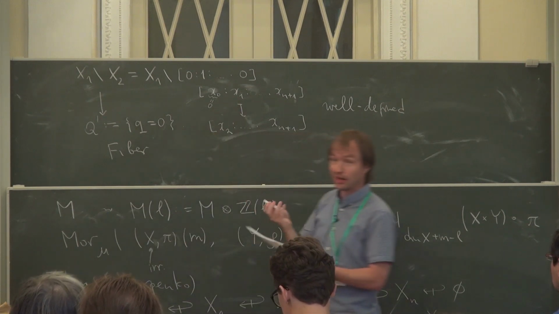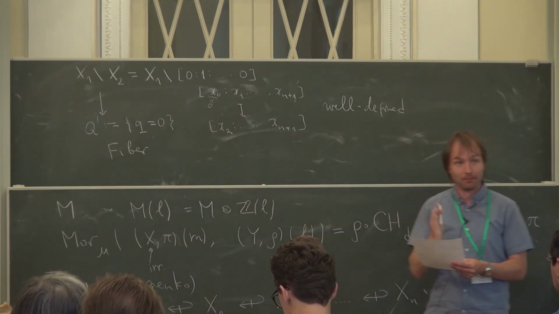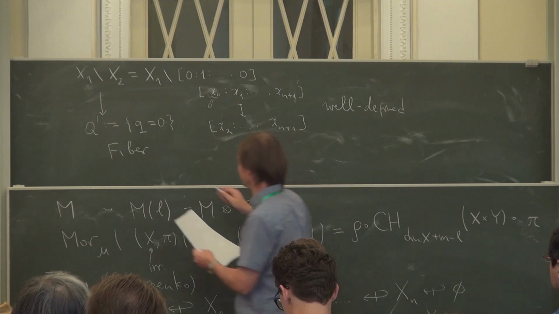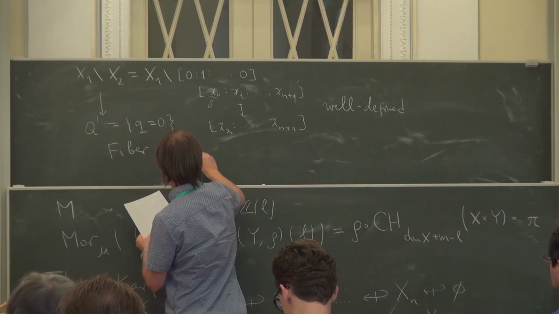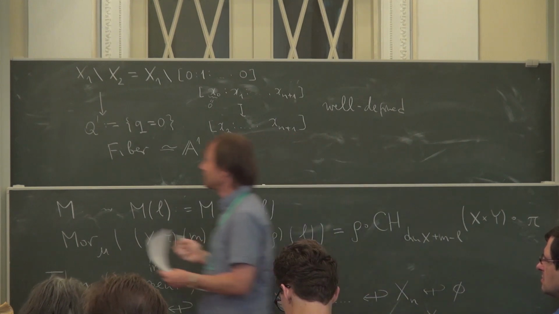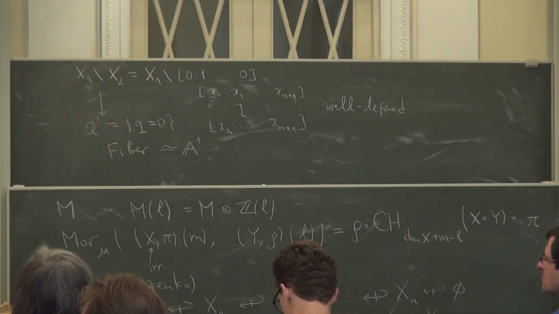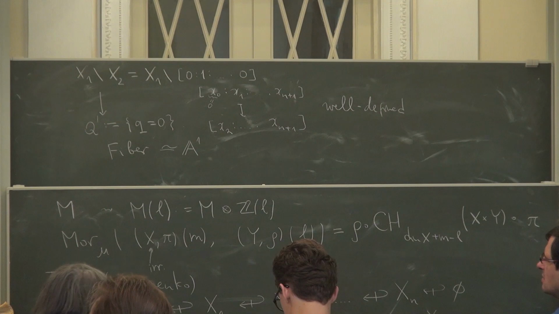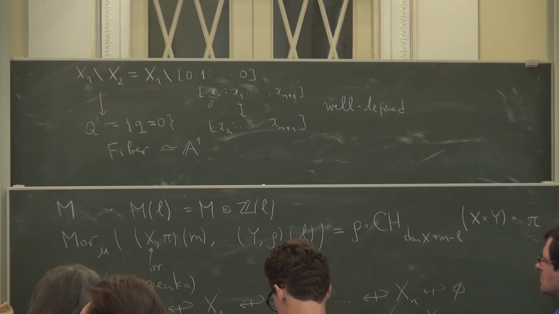Well, x1 can be arbitrary, so the fiber is A1, an affine line. So here we get a rank 1 bundle over Q prime, over the smaller quadric.